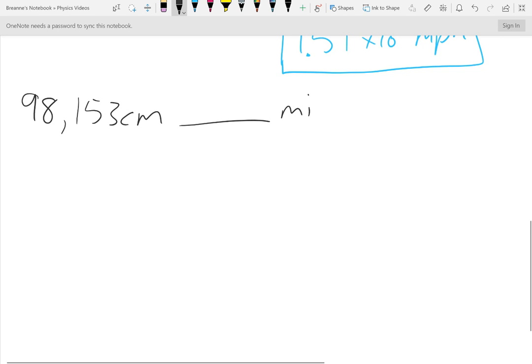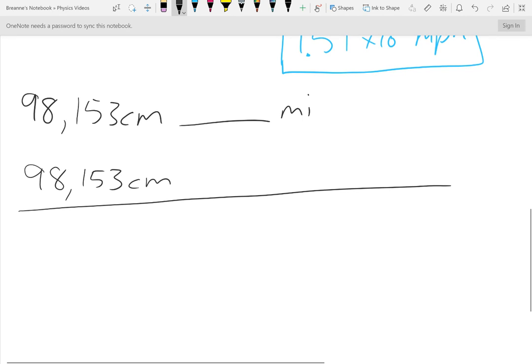If you look in our chicken duck, we do not have a direct conversion from centimeters to miles, but we can figure this out. We'll just have to take more than one step. You always put your given here. We don't want centimeters, so centimeters have to go to the bottom.